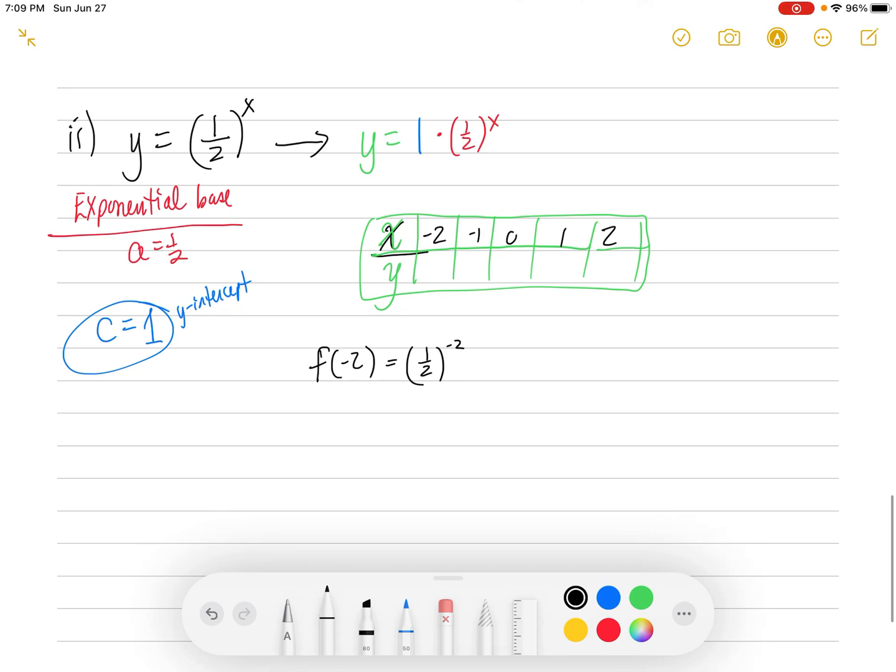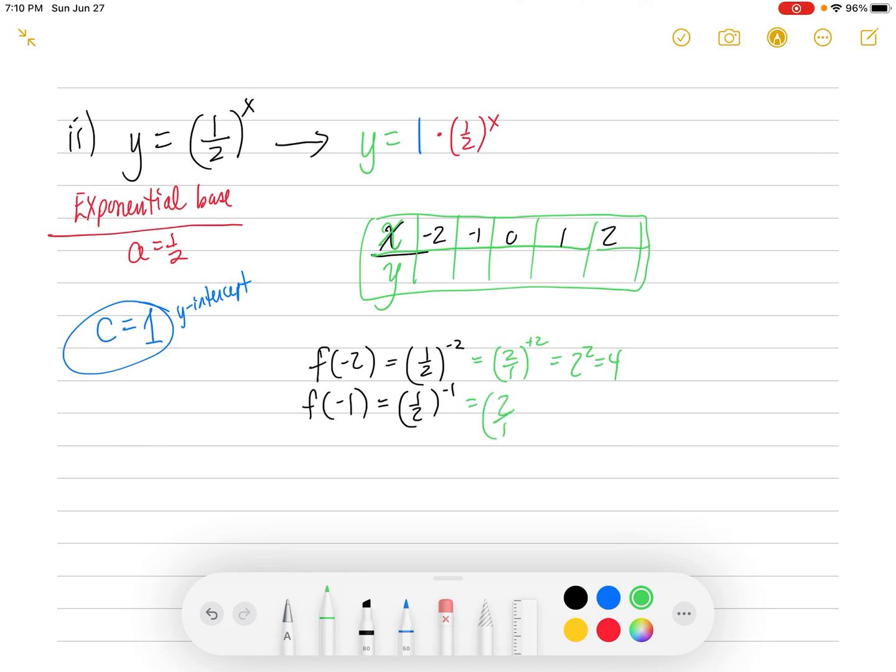Let's take -2, -1, 0, 1, and 2. Let's find f of -2. F of -2 means we're going to take 1/2 to the -2 power. When you have a minus exponent, you flip your fraction over. So the fraction becomes 2/1, and then you raise it to the +2 power. So flip the fraction and change the sign. This is the same thing as 2 squared, which is 4.